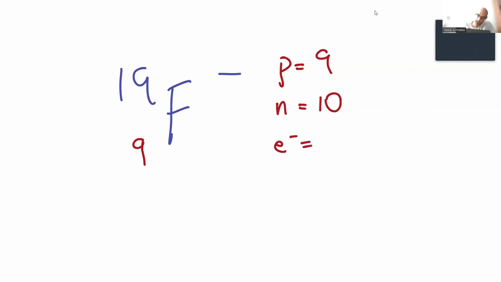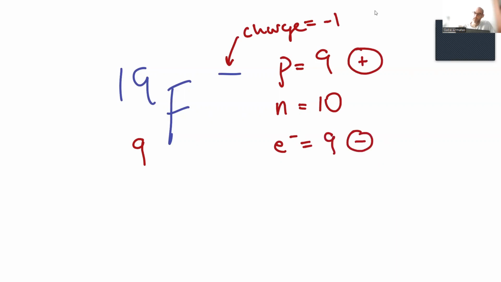What we notice is we actually have a charge equal to -1. So I have 9 positive charges in the nucleus. If I had 9 negative charges, the whole thing would be neutral, 0, okay? I cannot change the number of protons in the nucleus.